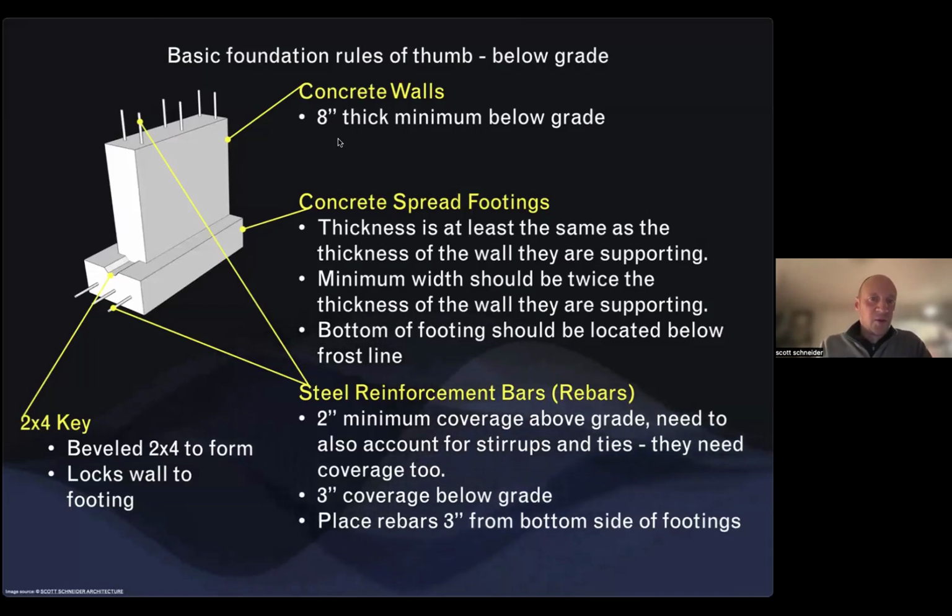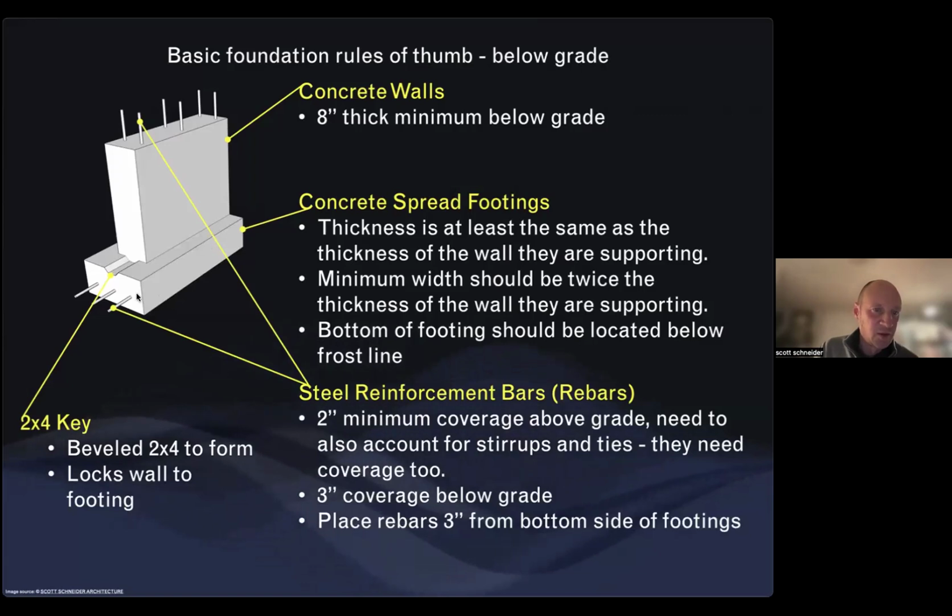Just because of rebar coverage, a lot of times walls are going to be at least a minimum of 8 inches thick below grade. The footing thickness would be the same as your wall, and the width of the footing is usually 2 times the thickness of the wall that it's supporting.